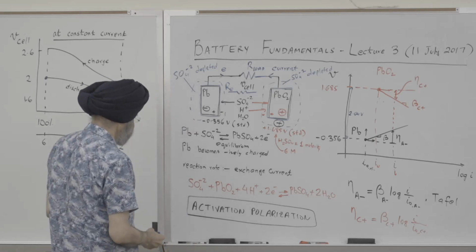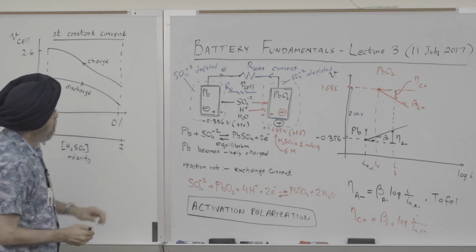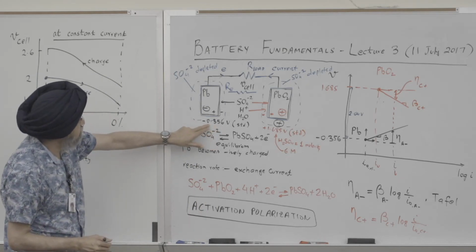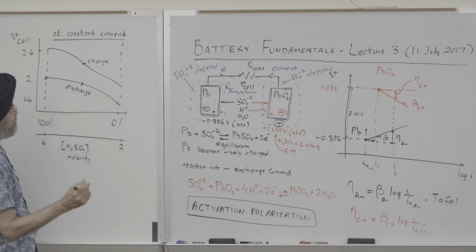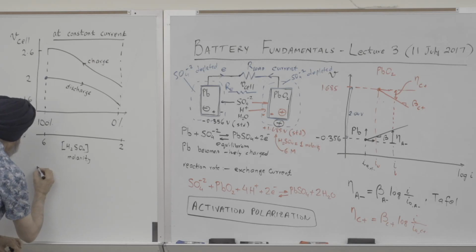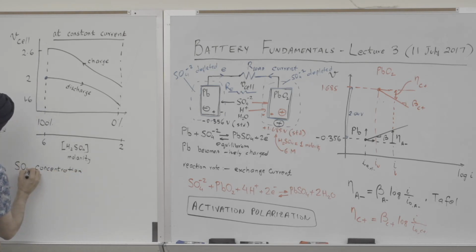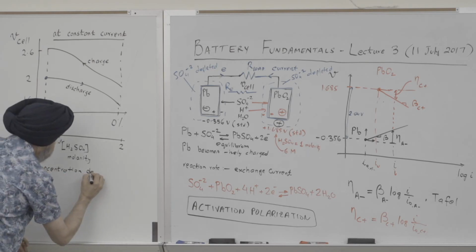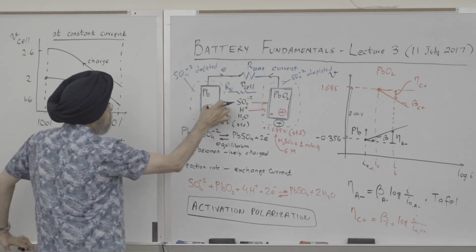Now, last time we did some of that, so let me do that. What is this voltage when we move away from our standard conditions? Because of sulfate ion concentration depletion, this voltage also changes.